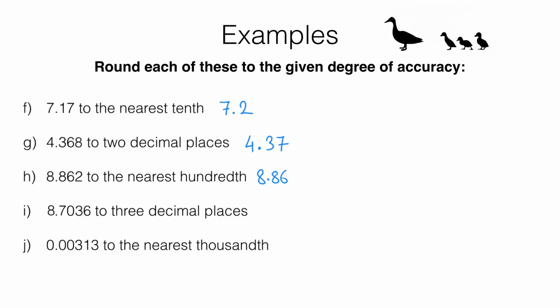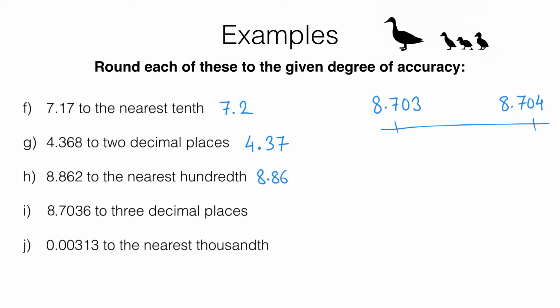So we've got a little bit more than 8.703. And because we're rounding to the nearest thousandth, I need to go up in a step of 1/1,000th to 8.704 on the number line. And we now have to decide whether 8.7036 is closer to 8.703 or 8.704.